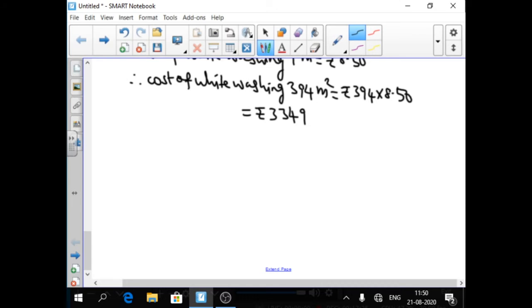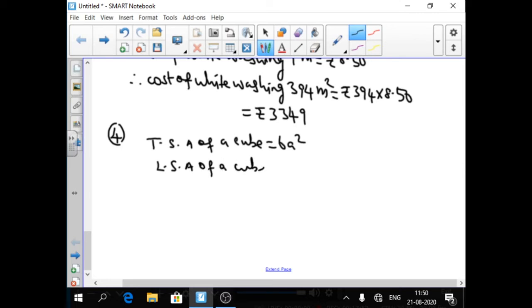So third problem over. Next, fourth problem. First subdivision, find the total surface area and lateral surface area of a cube. So you know the formula. First write the formula, total surface area of a cube is equal to 6a squared, and then lateral surface area of a cube is equal to 4a squared.